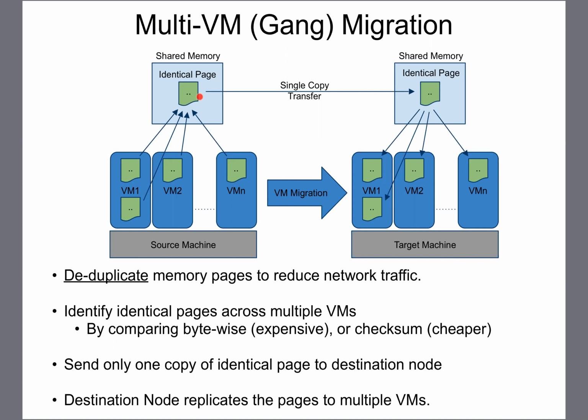Deduplication means that somebody has to be comparing the contents of different VMs, the memory pages, whether they're identical or not, and then keeping track of that. That is an expensive operation. So you have one page here and one page there, and likewise. So you want to compare across all the VMs and figure out, oh, they're all the same, so I'm going to keep a copy.